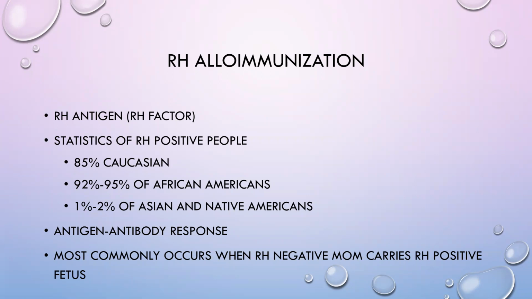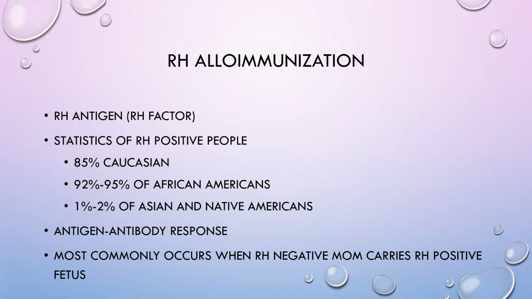It most commonly occurs with women who are Rh negative and they carry a positive fetus. The first time mom comes into contact with fetal blood type causes antibodies to be formed.